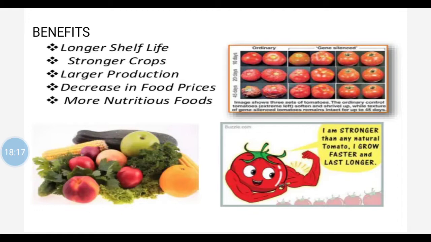So, as I said, and it is given in the slide, more nutritious food means whatever the nutritional value is there, that is also improved. In this case, vitamin A contained in rice also can be improved, isn't it?